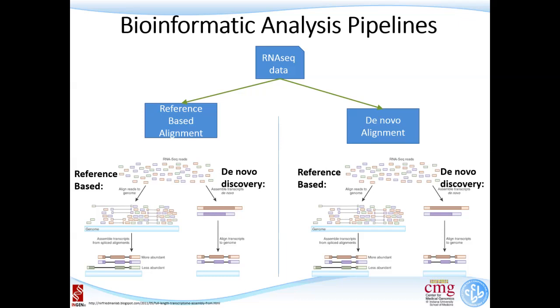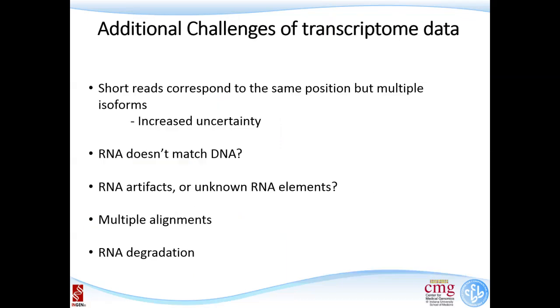And as you can imagine, if you have all of these options available, a lot of times you want to use multiple techniques, right? So if you can use a reference and you can find de novo transcripts for your experiment, that would be ideal. And most of the considerations would be about which one to trust.